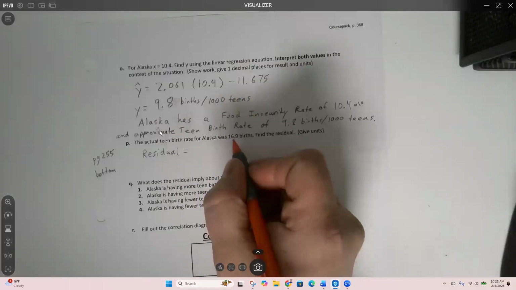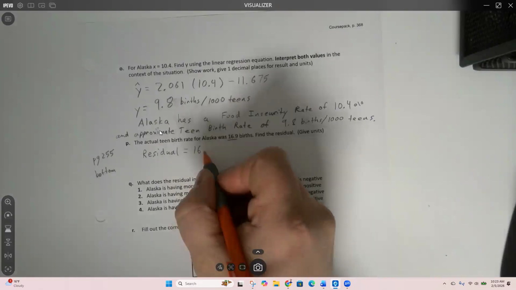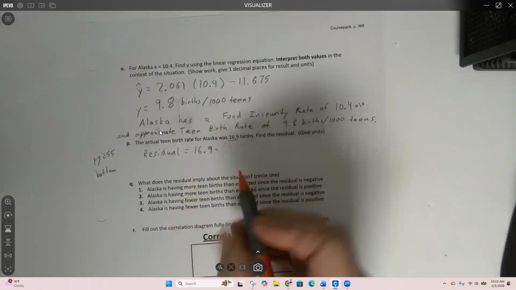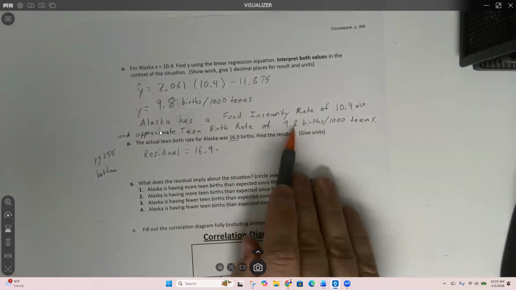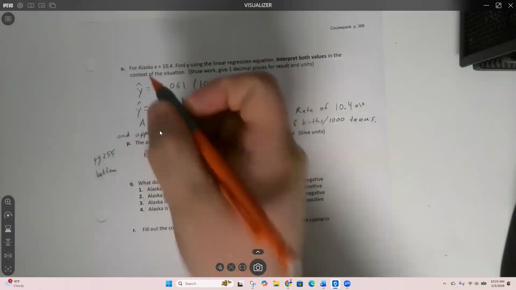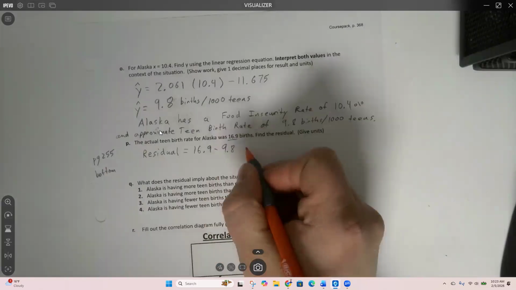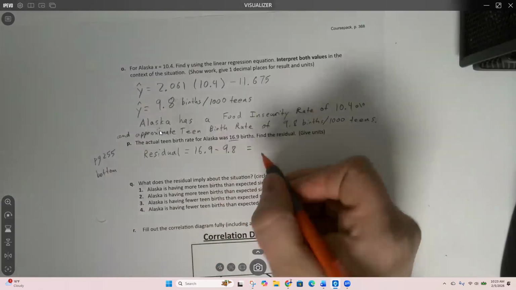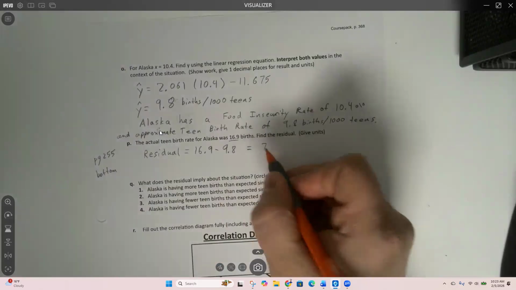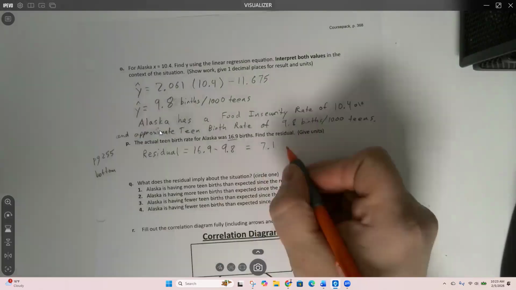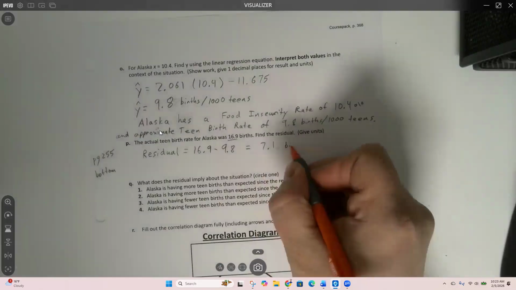Yeah, the actual Y is this one. What's my predicted Y hat? Predicted Y hat is what I got from here, 9.8. And if I subtract those two numbers, I get, what is it, 7.1? Give units.